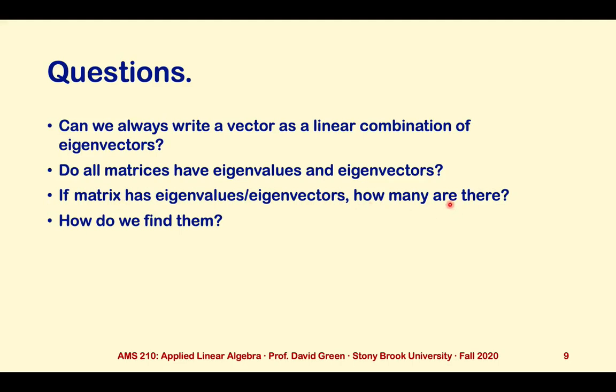This is a counting question that would allow us to address, can we theoretically write a vector as a linear combination? In order to do this practically, we need to know how to actually find eigenvalues and eigenvectors. And that's what we're going to explore in the next part of this video.